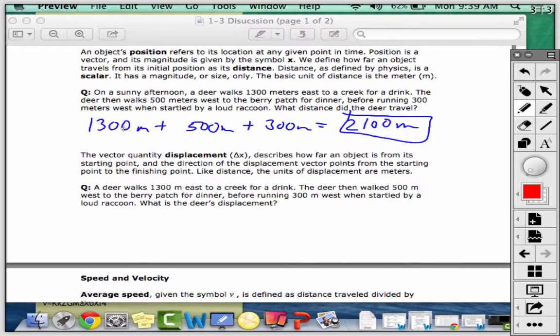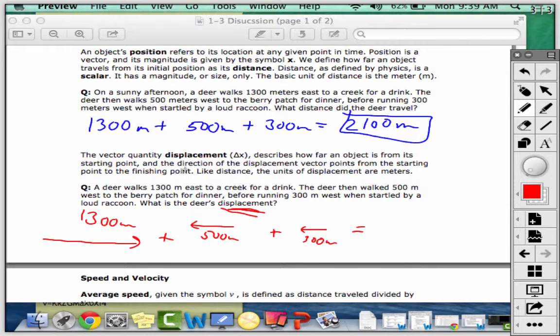Now, same story, but this time I'm wondering, what is the displacement of the deer? So this time I'm going to draw some arrows here. The deer walks 1,300 meters to the east, plus 500 meters to the west, plus another 300 meters to the west.